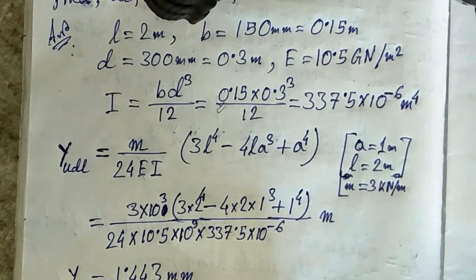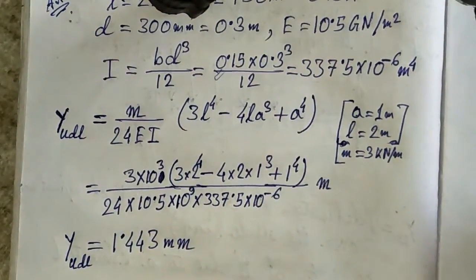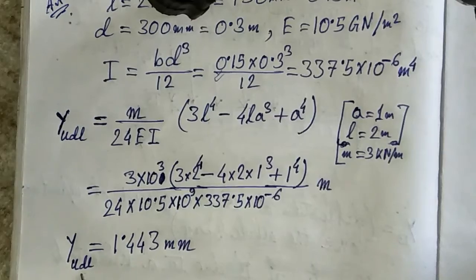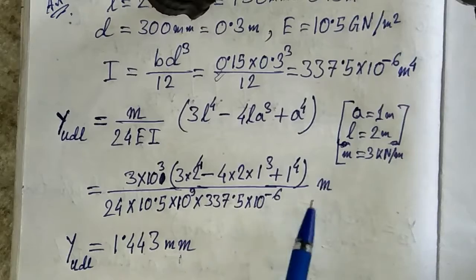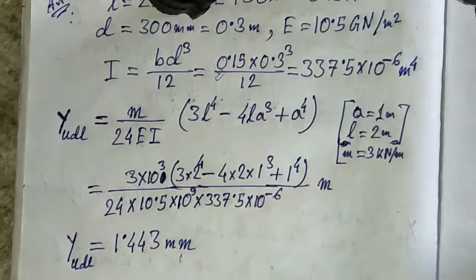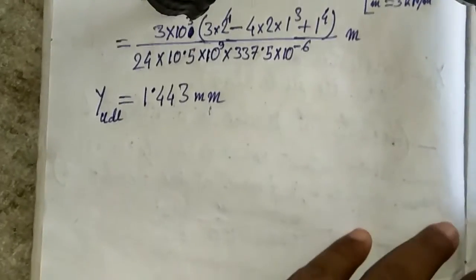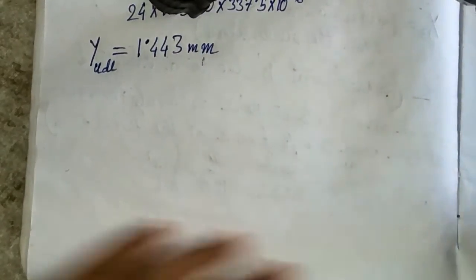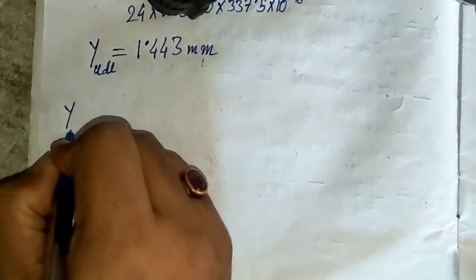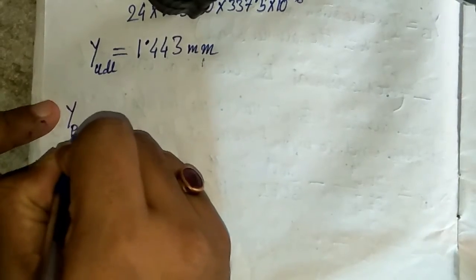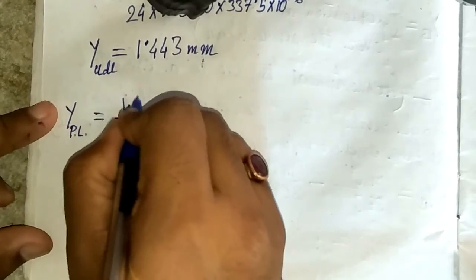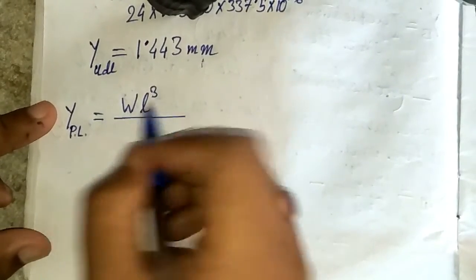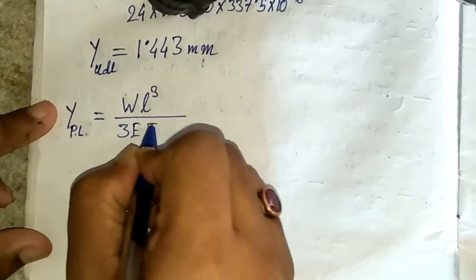So the deflection for UDL is 1.443 millimeter. I have converted into millimeter from the meter. Now to find out the deflection for point load, the expression is W L cube by 3EI.